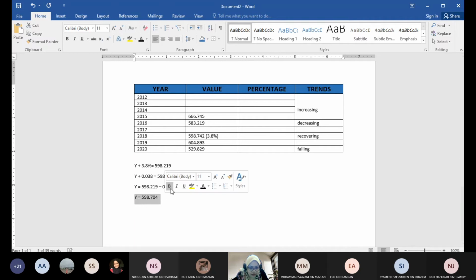Ada tak yang sama dengan I ke lain ke? So kalau kita nak tahu sama ada value ni betul tak meningkat 3.8, so you tolakkan je lah nanti.